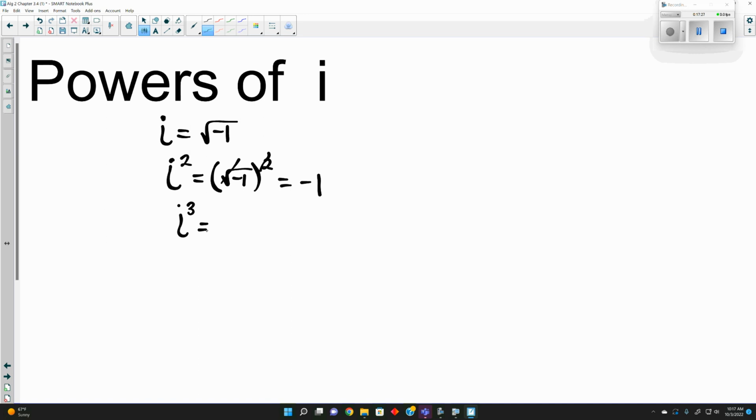Well, i cubed, that's the same as saying i squared times i. We're multiplying i by itself 3 times, yes? Well, we already found out what i squared is. i squared is -1, times i is -i.